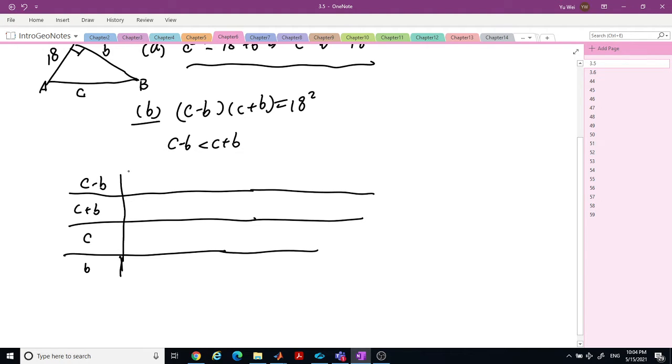Okay, so let's start with 1. It's 1 and 324, and 2 is 162.